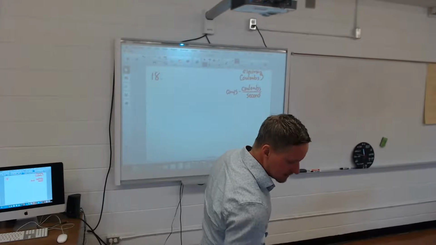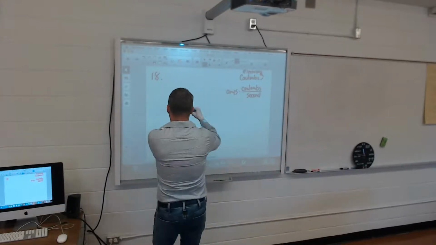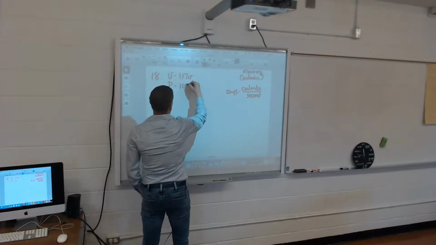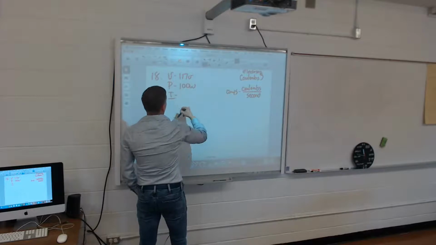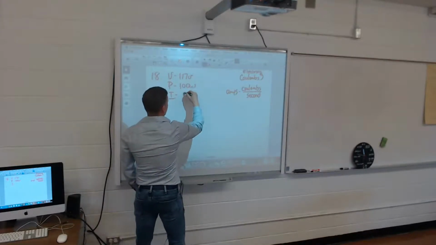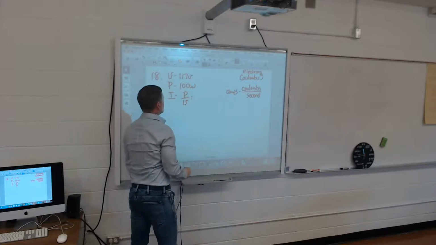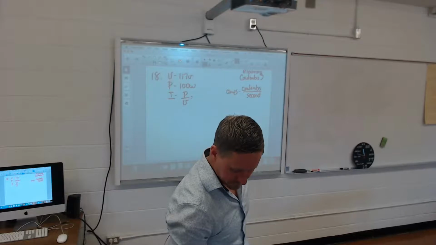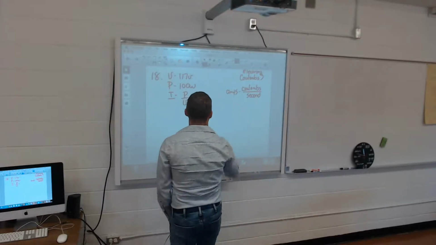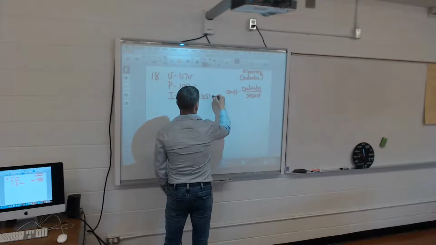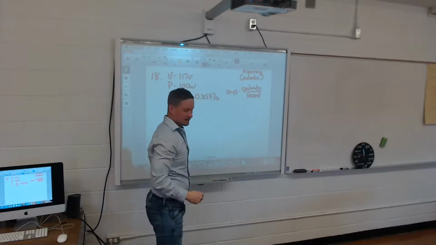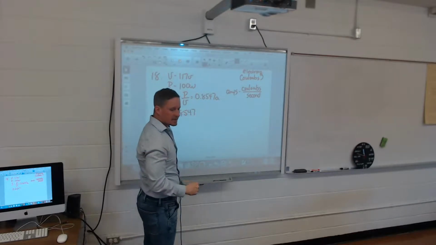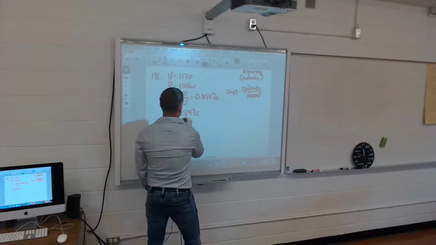Okay, so I have a 117 volt line dissipating 100 watts. So my I is equal to P over V. So take 100 watts divided by 117. So that's amps. So I've got 0.8547. So amps, Mary, are coulombs per second.